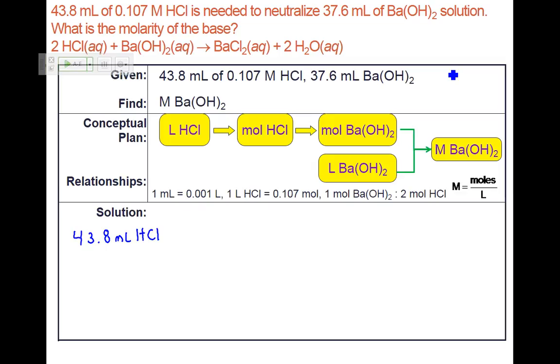This is important. Make sure you're paying attention to what you're given and what each volume is for. If this is volumes of HCl solution, I need to make sure that that 43.8 is tied with my HCl. That's a common mistake, mixing up your volumes. Don't mix up what each volume is for.